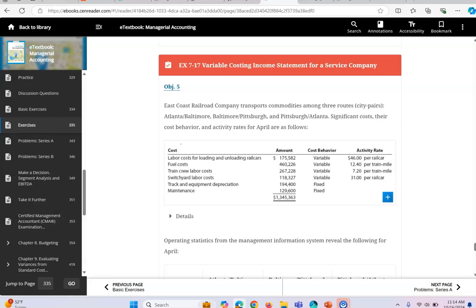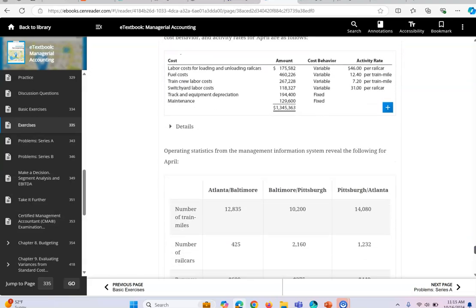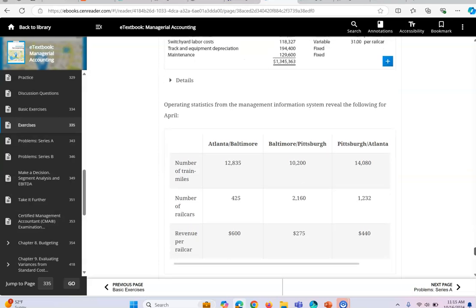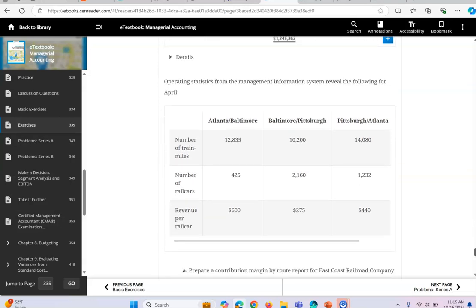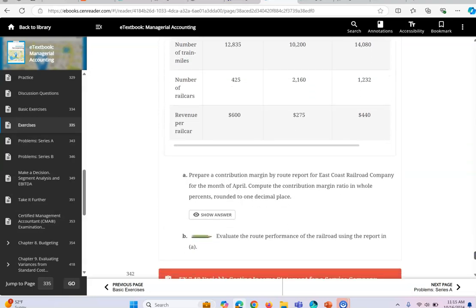Significant costs, their cost behavior and activity rates are shown here. And then we've got various operating statistics regarding the number of train miles, the number of rail cars, and the revenue per rail car. So we're going to prepare a contribution margin by route, compute the contribution margin ratio, and let's look at the performances.